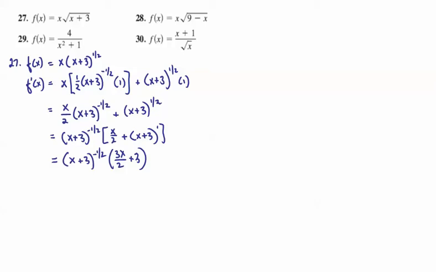Alright, we'll need the second derivative of this now. We may only be able to fit one of these on this page here, so let's start up here at the top. Second derivative would be, we'll use a product rule, 1 d2: (x plus 3) to the negative 1/2 power times 3/2.